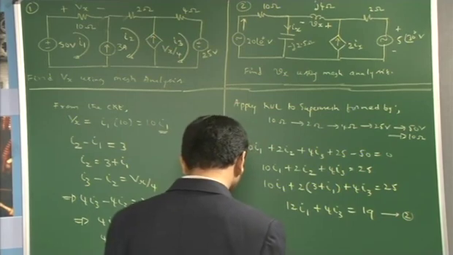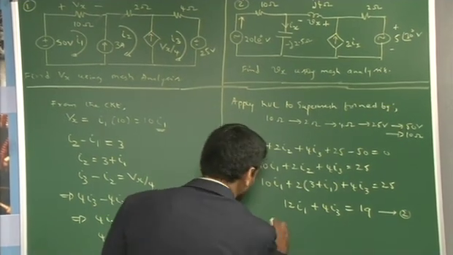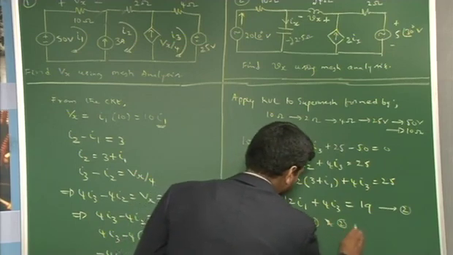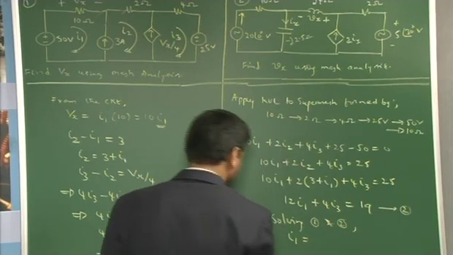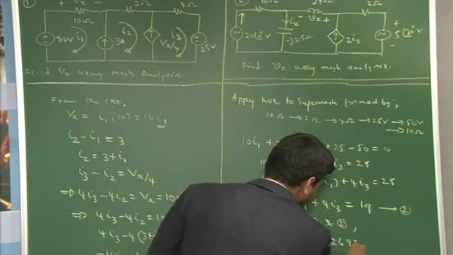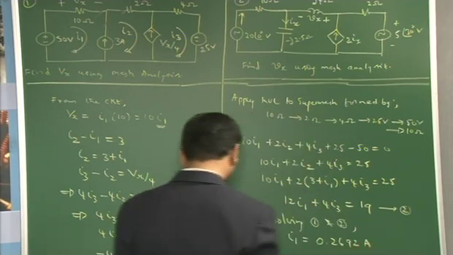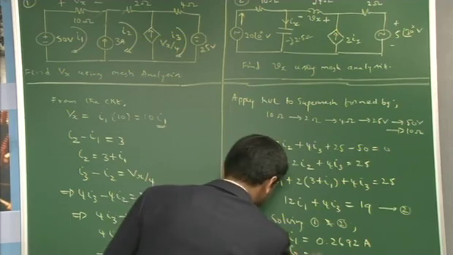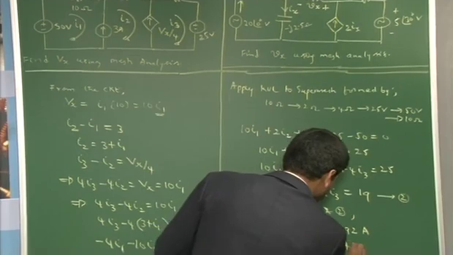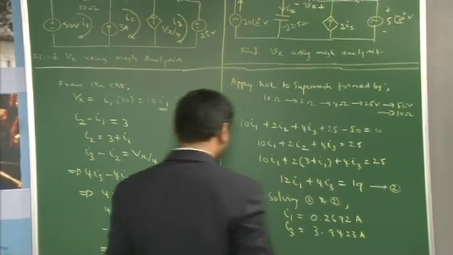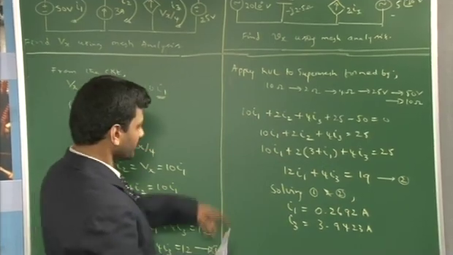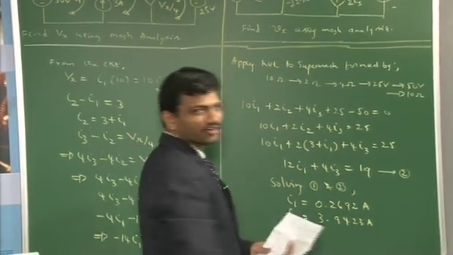And solving 1 and 2, what we get? Solving equation 1 and 2, we get I1 as 0.2692 amperes, and then I3 as 3.9423 amperes.